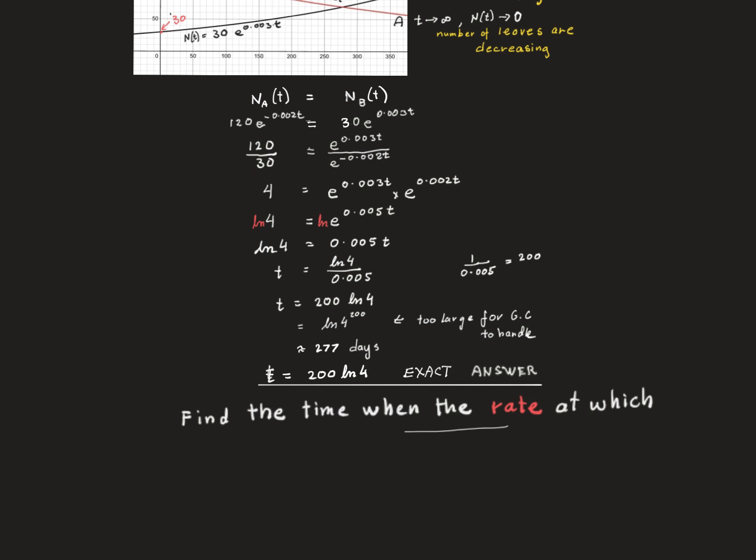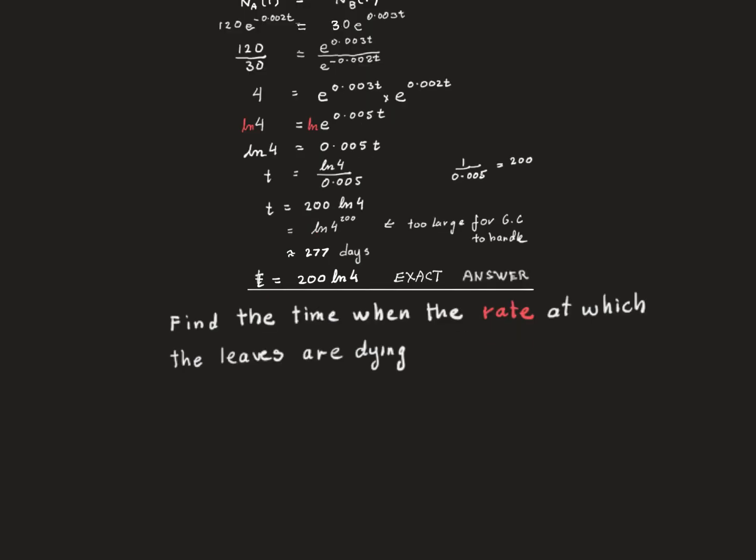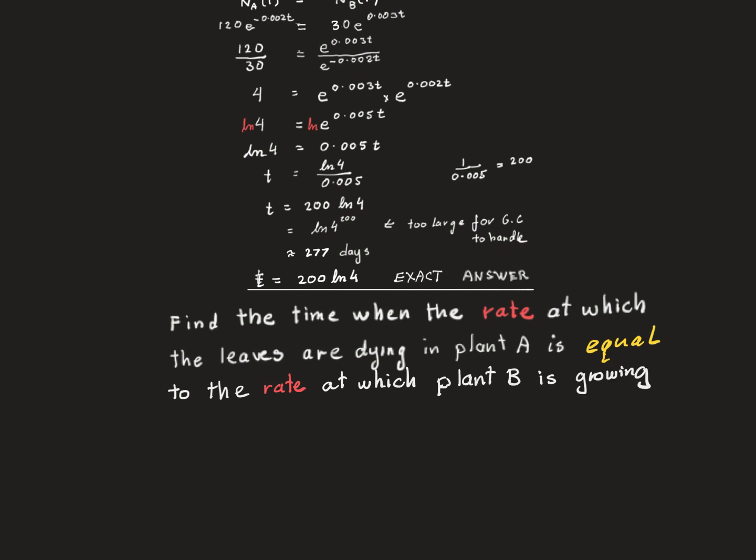Now, if you want to find the time when the rate at which the leaves are dying in plant A is equal to the rate at which plant B is growing, we will need to differentiate both of these exponential equations to find the rate of each plant.